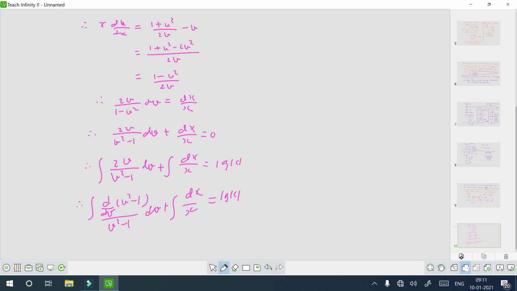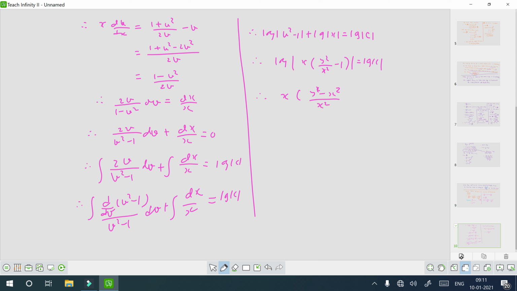What will be? log v square minus 1 plus log mod x is equal to log mod c. So log mod x into v square means y square by x square minus 1 is equal to log mod c, taking antilog on both sides. y square minus x square over x square is equal to c. So y square minus x square over x is equal to c. So y square minus x square is equal to cx. This is the general curve.